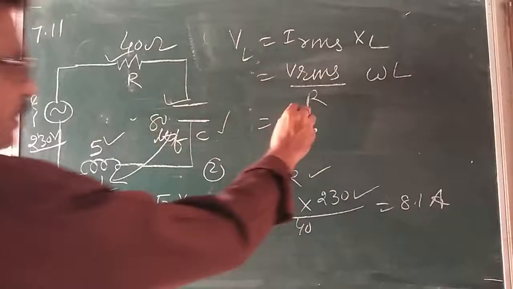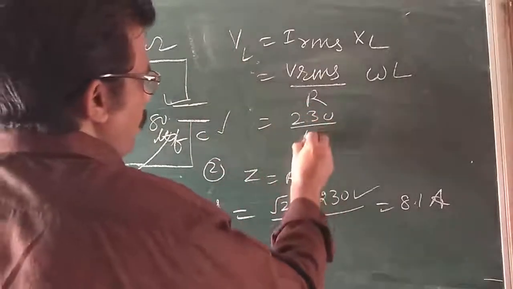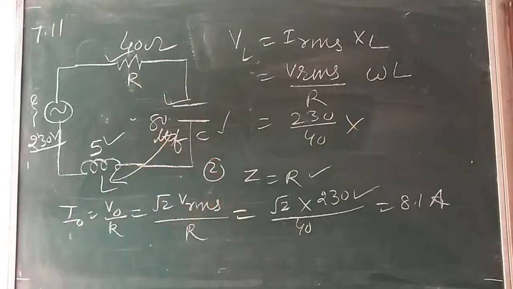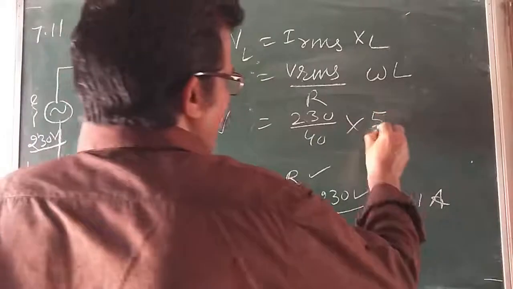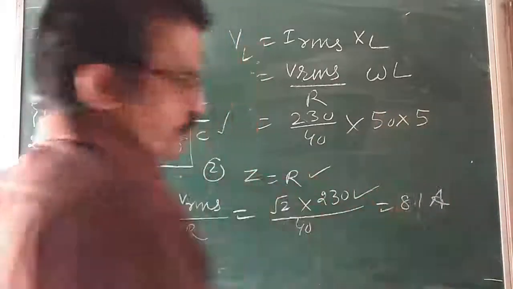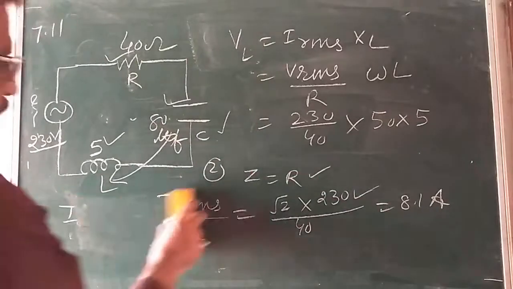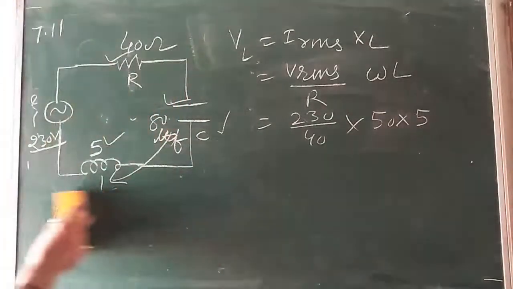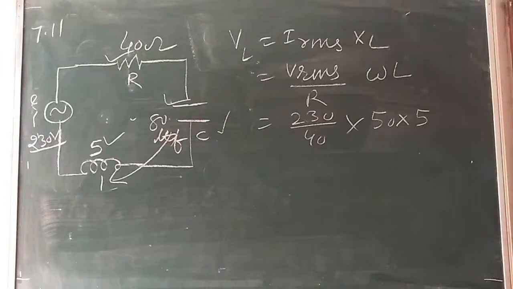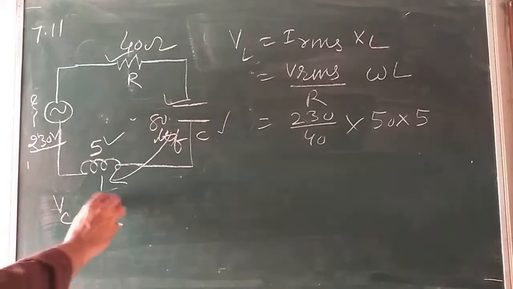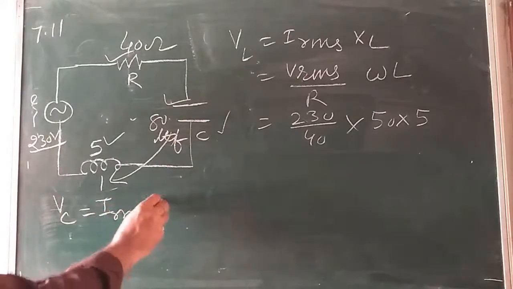VRMS 230, R 40, omega you have just calculated, see above, omega is equal to 50 and L is equal to 5. So 50 into 5, these are the values. If you have the values, then immediately you can solve the question. This is the potential drop across inductance. Similarly, potential drop across capacitance, that is IRMS into XC.